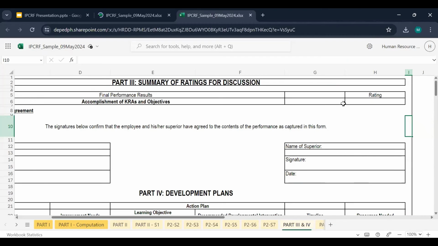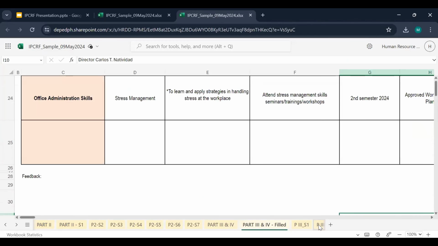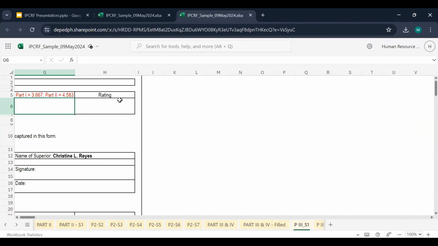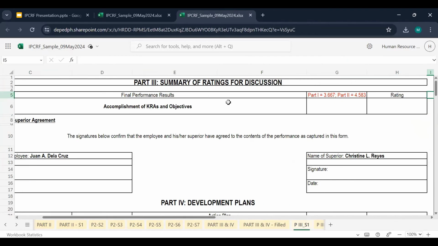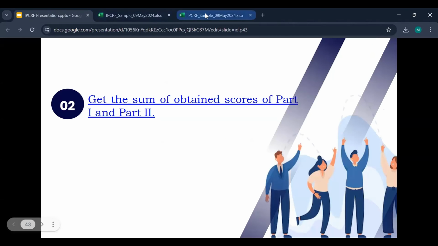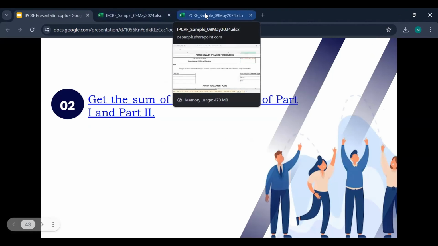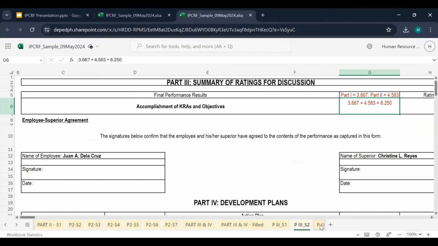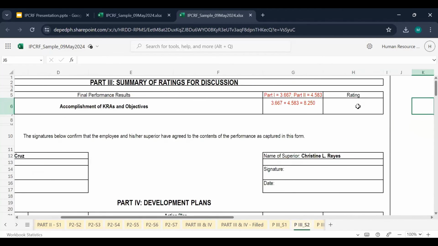For example, once you have gathered the scores under part 1 and part 2, you get the sum of the scores from part 1 and part 2. So 3.667 plus 4.583 equals 8.250.